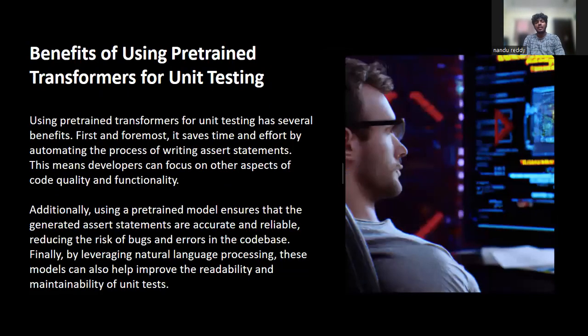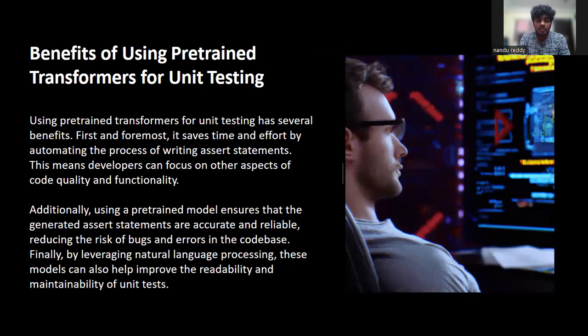Benefits of using pretrained transformers for unit testing. Using pretrained transformers for unit testing has several benefits. First and foremost, it saves time and effort by automating the process of writing assert statements. This means developers can focus on other aspects of coding, quality and functionality.